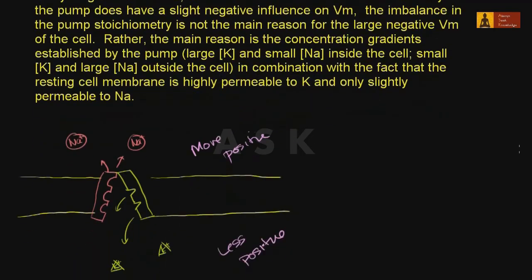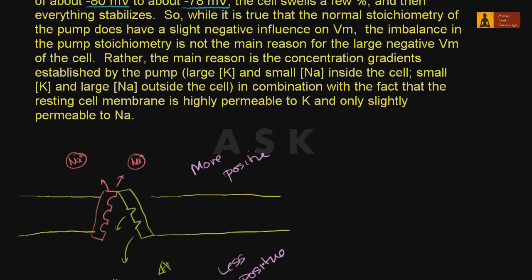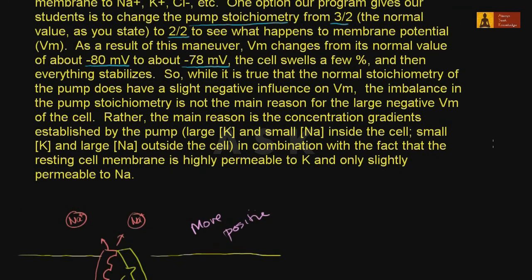So what he's saying is, if you change this from 3 sodiums for every 2 potassiums pumped in to 2 to 2, it actually doesn't change the potential that much. You still have a more positive environment outside than you have inside. So that leads to the question, then why do we have the potential if this ratio is not the main cause? So it says it changes a little bit.